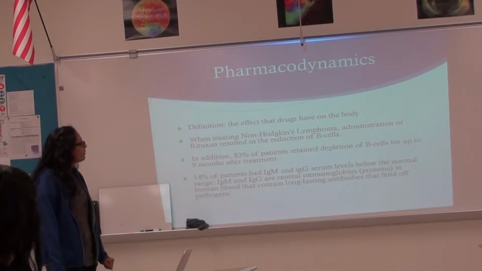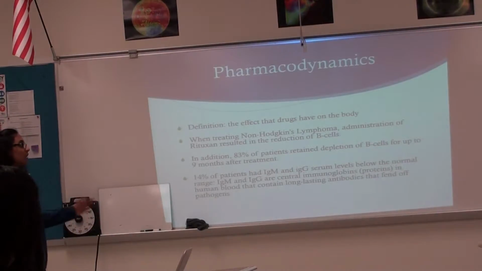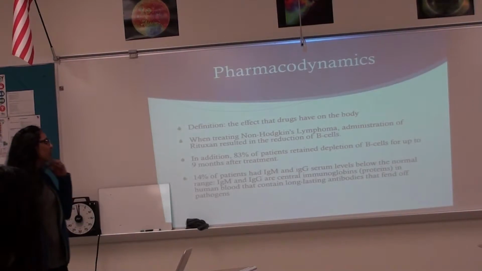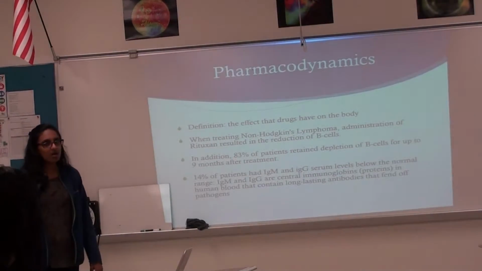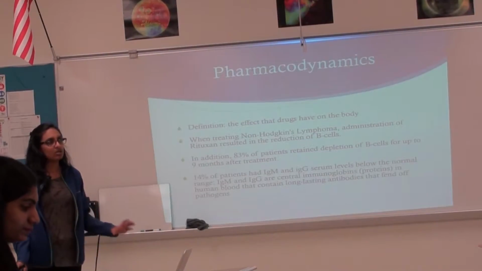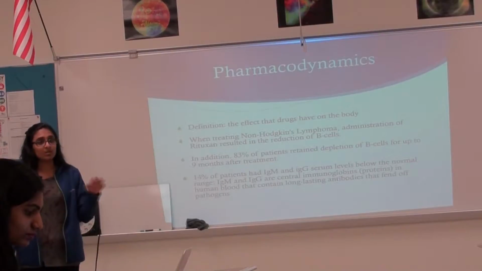Then the pharmacodynamics. The definition is the effect that drugs have on the body. When treating non-Hodgkin's lymphoma, administration of Rituxan resulted in the reduction of B cells. Rituxan is a specific antibody which targets the CD20 antigen on B cells.